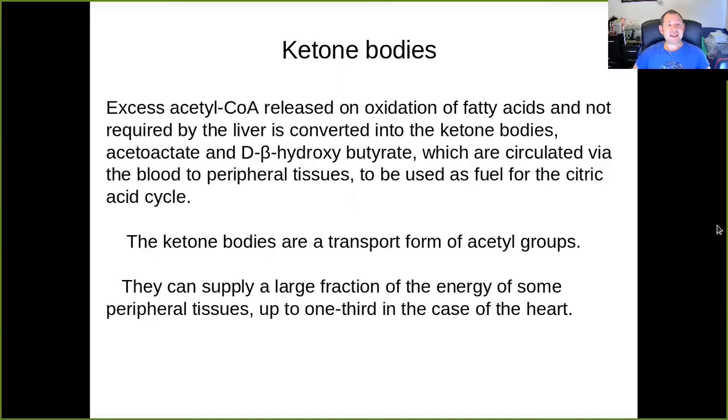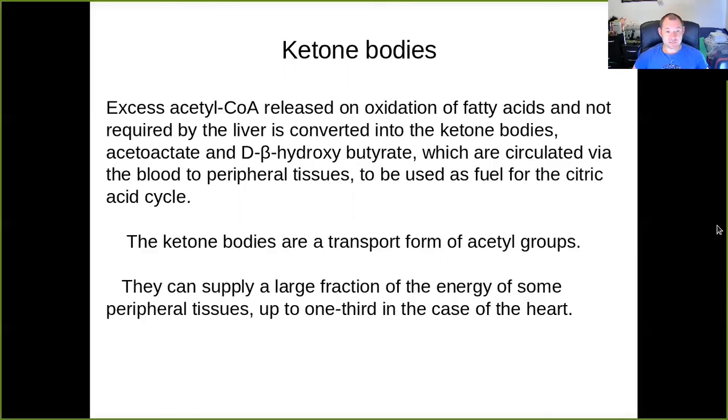Excess acetyl coenzyme A gets released on the oxidation of fatty acids. So when you oxidize your fatty acids, you basically produce acetyl coenzyme A, and if there's a surplus of it, or if there's a need for it, and it's not required immediately by the liver, it gets converted into ketone bodies.